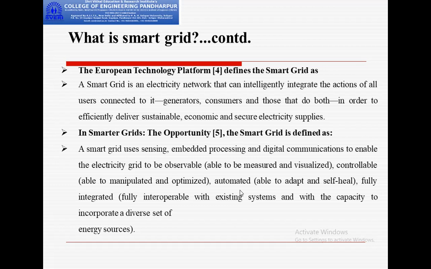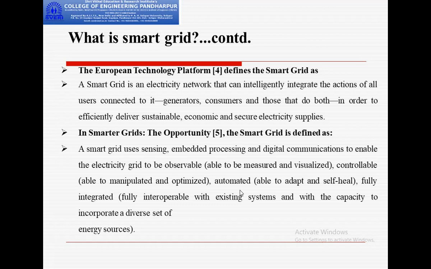In the smarter grid, the smart grid is defined as: a smart grid uses sensing, embedded processing, and digital communication to enable the electricity grid to be observable, automated, controllable, fully integrated. So we have to go with these words.